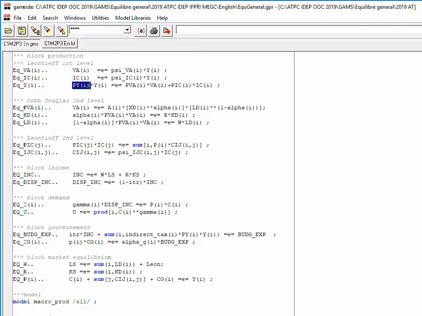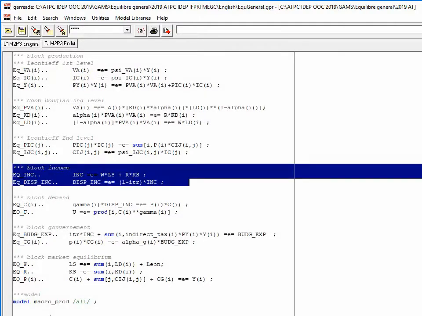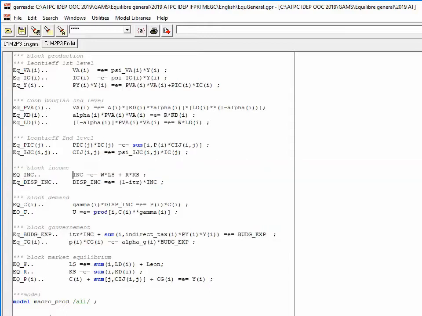Then you have the income formation block. It is new because now there is a distinction between income. Income is determined by the ownership of productive factors, but it is different from disposable income.